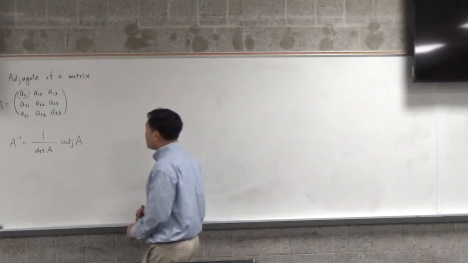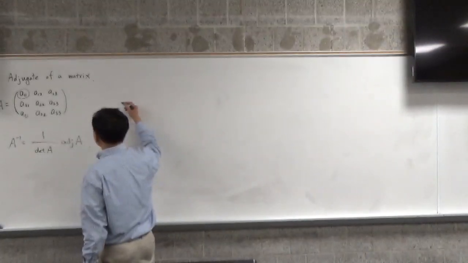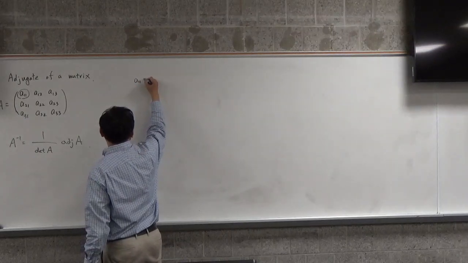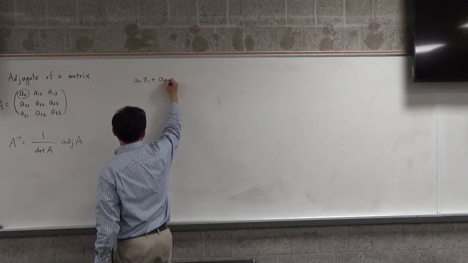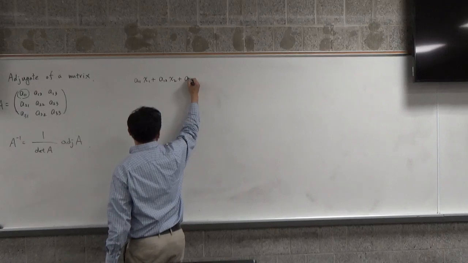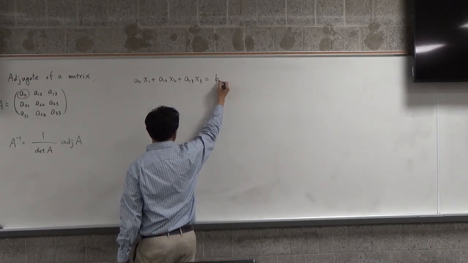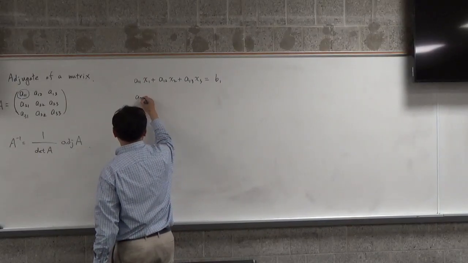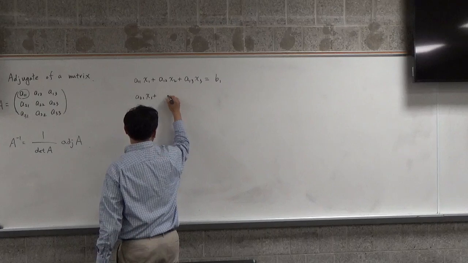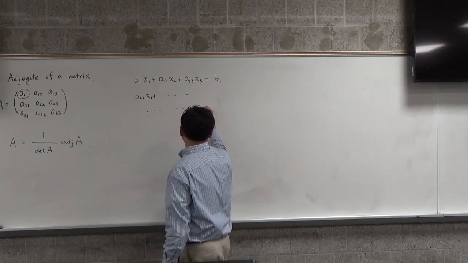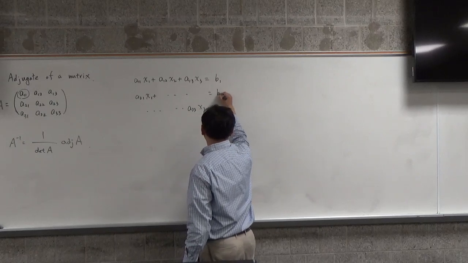Well, we want it because if you have any equation like A11 times x1 plus A12 times x2 plus A13 x3 is equal to B1, and A21 x1 plus and so on, and then A33 x3 is equal to B3.